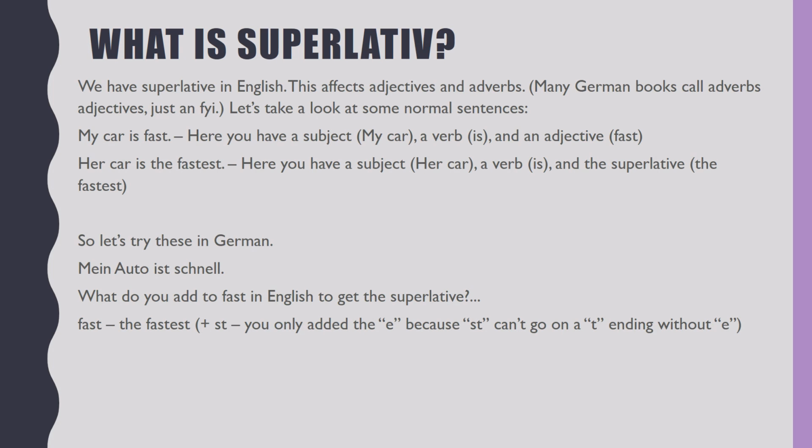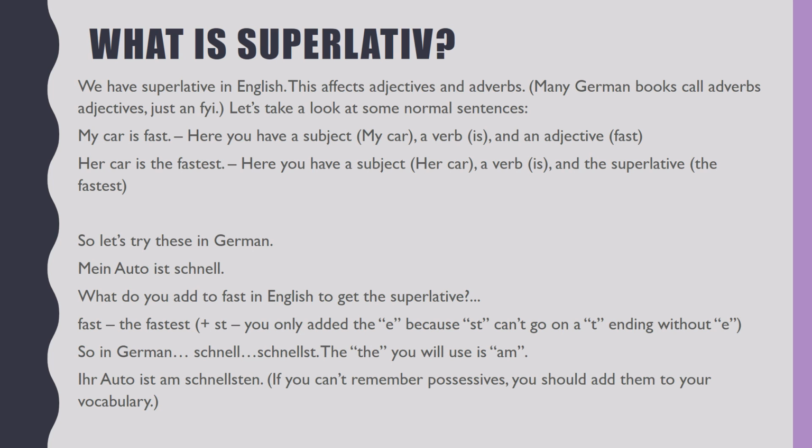When the stem ends in t or d, you add an e. So in German, schnell, adding st, you get schnellst. The word you use is am. So we have Ihr Auto ist am schnellsten. If you can't remember possessives, you should add them to your vocabulary.